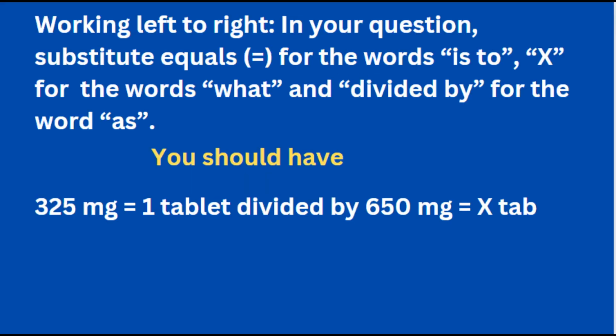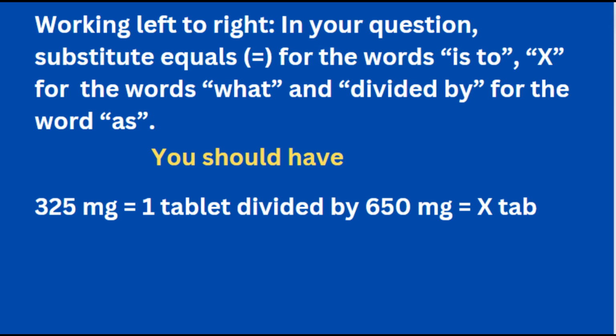Now that we have constructed our question, we want to start with what we do know, and we want to work left to right in our question. And the question being 325 milligrams is to one tablet, as 650 is to what? So that's the question that we concocted. In that sentence, I want you to substitute the equal sign for the words "is to."